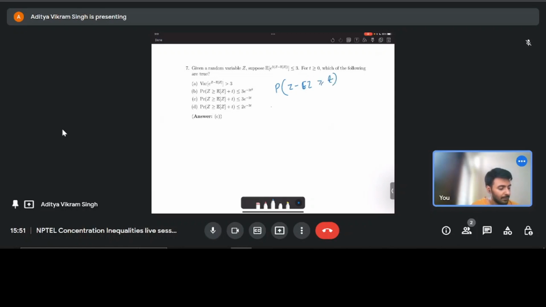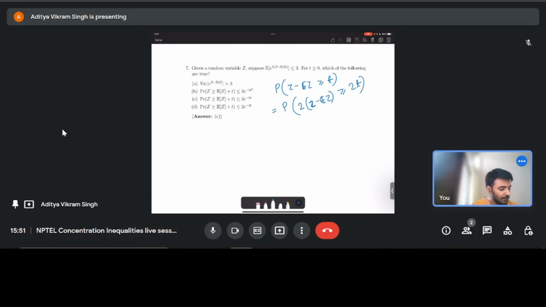This is just equal to the probability that 2 times (z minus expected value of z) is greater than or equal to 2t, just multiplied by 2 on both sides.